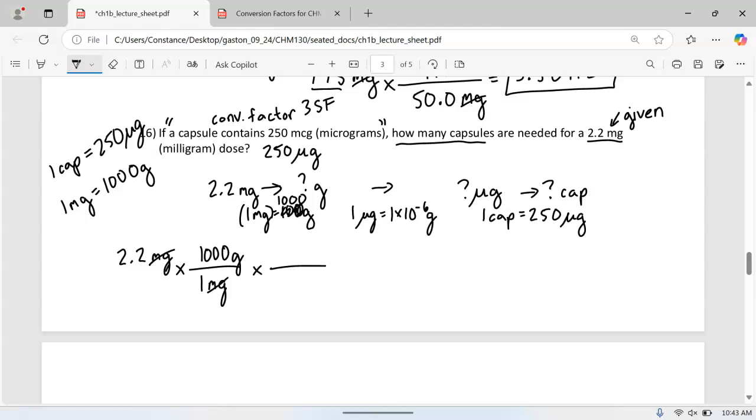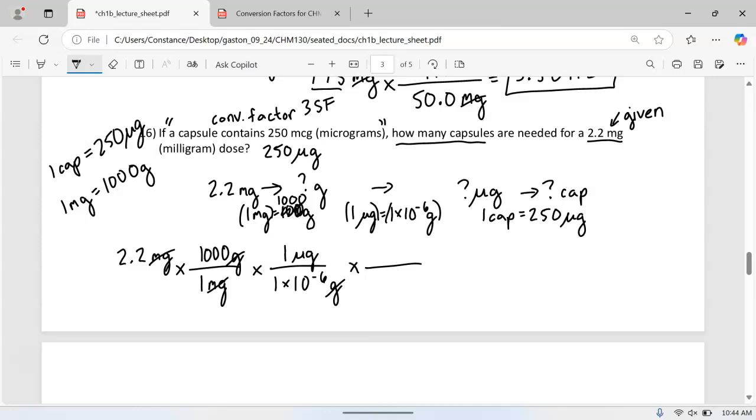Now in the second step, I'm going from grams to micrograms. So again, I need the grams in that conversion factor to go on the bottom. So 1 times 10 to the -6 grams, and then on top in that equality, I've got the 1 microgram. Okay, so grams cancel. Now I'm left with the microgram. And then the last step is to go from the microgram to the capsules.